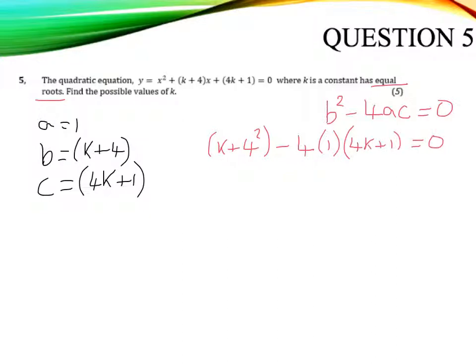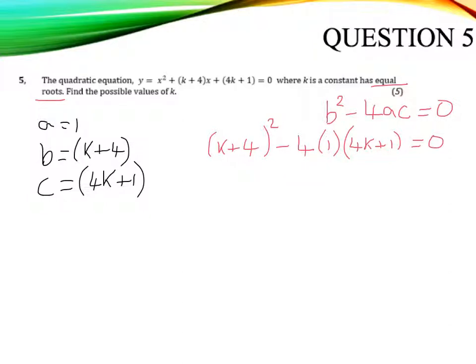Notice I've tried to keep things really tidy, even though I've made a little bit of a mistake here. It should be b squared, it should be like this. So there we go, that's b squared. If it was in brackets, I've kept it in brackets. My 4 times a times c, I've done 4 multiplied by 1. I've put the 1 in brackets just to keep it tidy, and my c here.